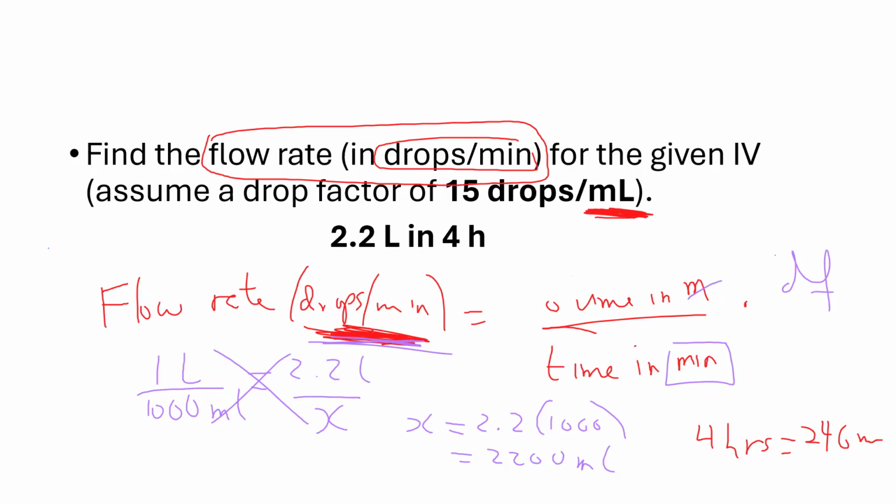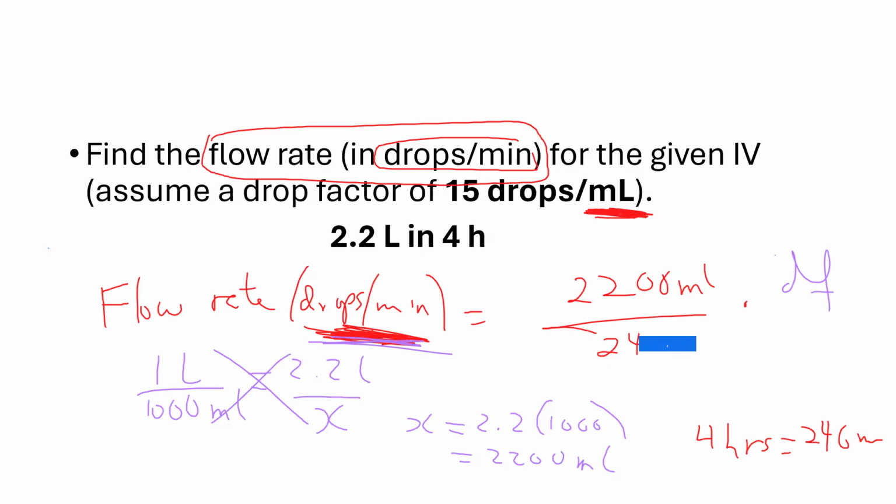My volume is 2,200, so I put it on there, 2,200. And then my time is 240 minutes. And then my drop factor is going to be 15 drops per ml.